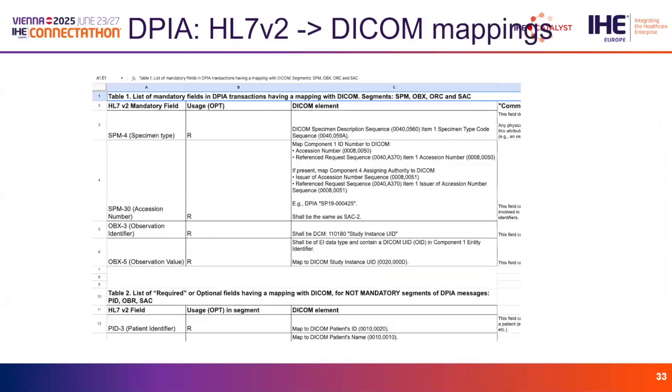This is another important thing that we will require of the vendors testing DPIA, which is the compliance and the mapping between the HL7 version 2 messages exchanged in the LAB-80, 81, and 82 transactions and the DICOM objects produced, which will be saved inside the radiology actors, for example inside the image archiver.